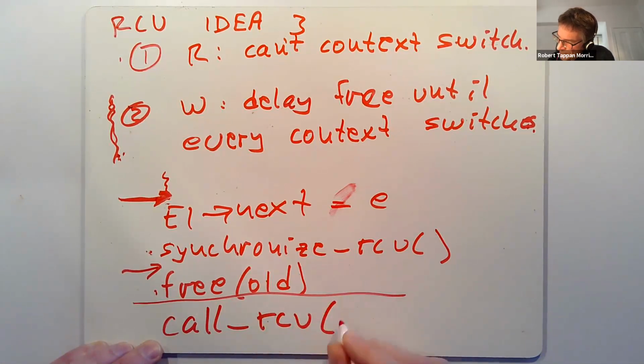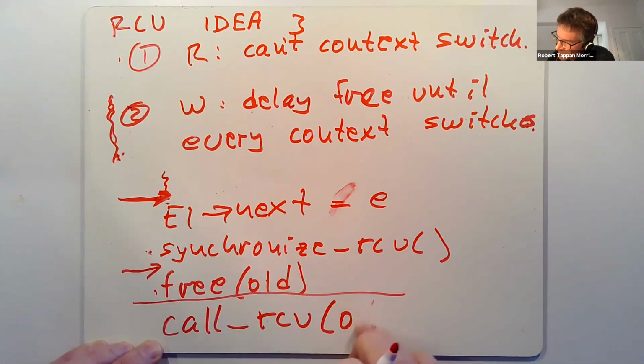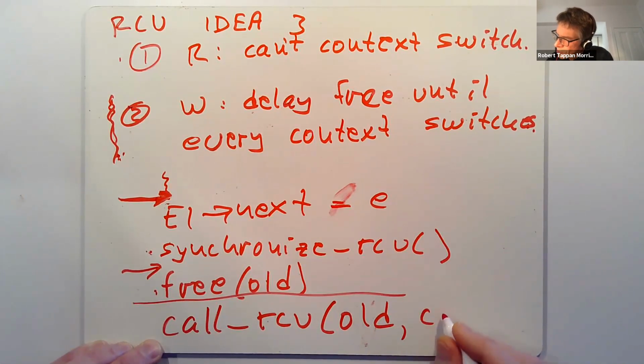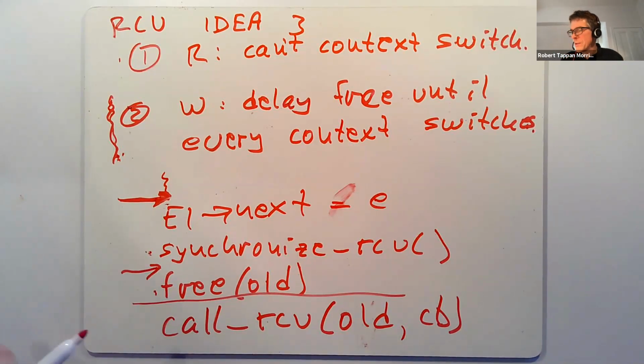And the idea is, in the usual use case, you pass it a pointer to the object you want to free, and then a callback function that just calls free on this pointer. The call RCU stashes away these two values on a list and then immediately returns.